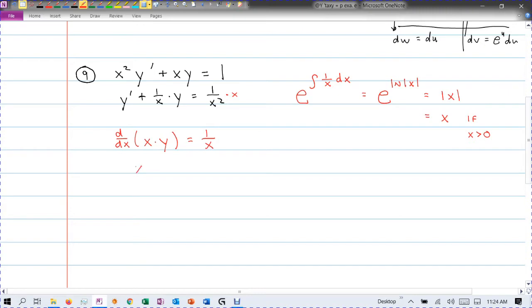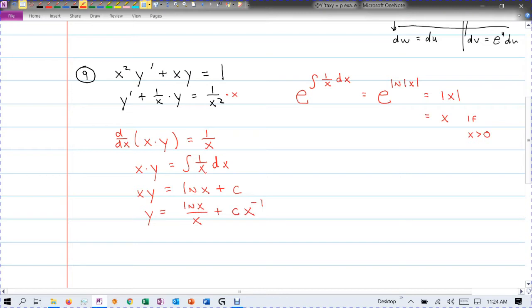So xy equals the integral of 1 over x dx, which is the natural log of the absolute value of x, but we're assuming x is greater than 0, so just natural log of x plus some constant. Then we divide both sides by x. So we get natural log x over x plus cx to the negative 1, and this should be our general solution.